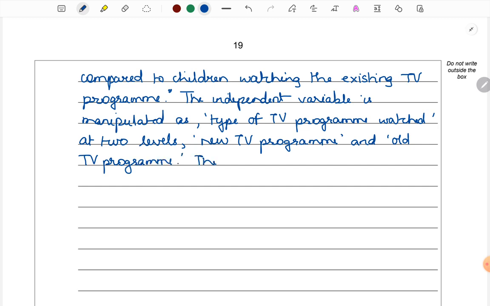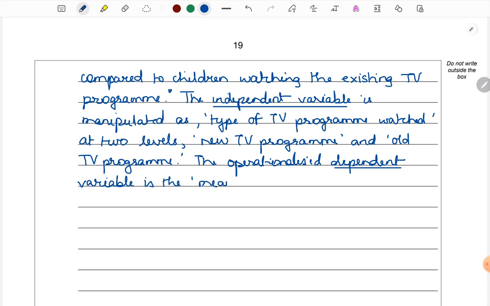The operationalized dependent variable is the mean ratings on social behavior scale.